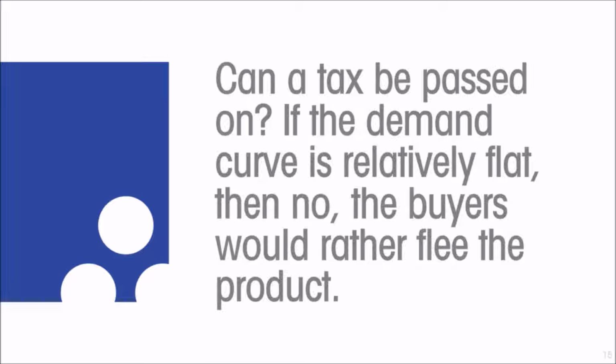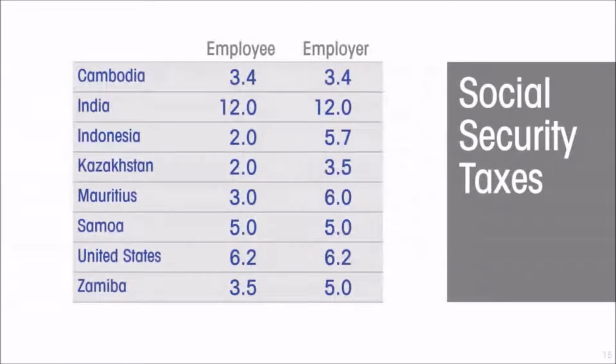I did a quick search on the internet for social security taxes, which is a favorite tax of governments. You tax the labor market in order to fund the country's social security system. And in nearly every country, that tax is split between what share of it employees pay and what share of it employers pay.